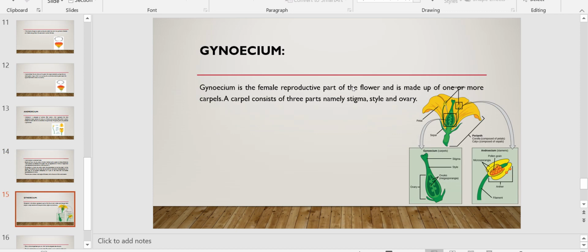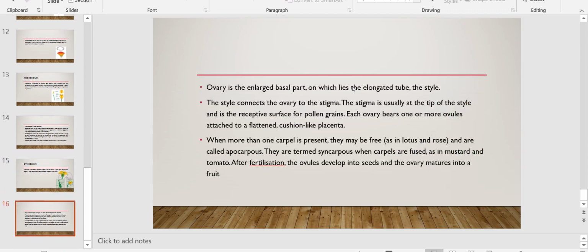Then gynoecium. Gynoecium is the female reproductive part of the flower and it is made up of one or more carpels. A carpel consists of three parts, namely stigma, style and ovary. Ovary is the enlarged basal part on which lies the elongated tube, the style. The style connects the ovary to the stigma. The stigma is usually at the tip of the style and is the receptive surface for pollen grains.